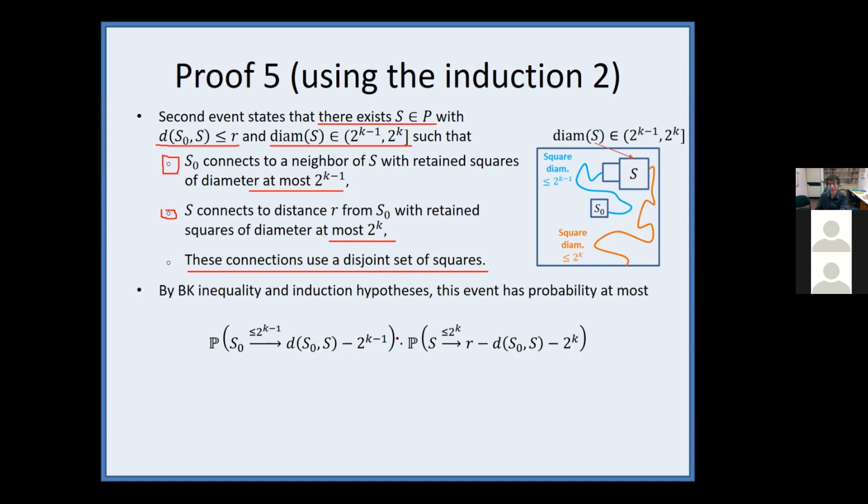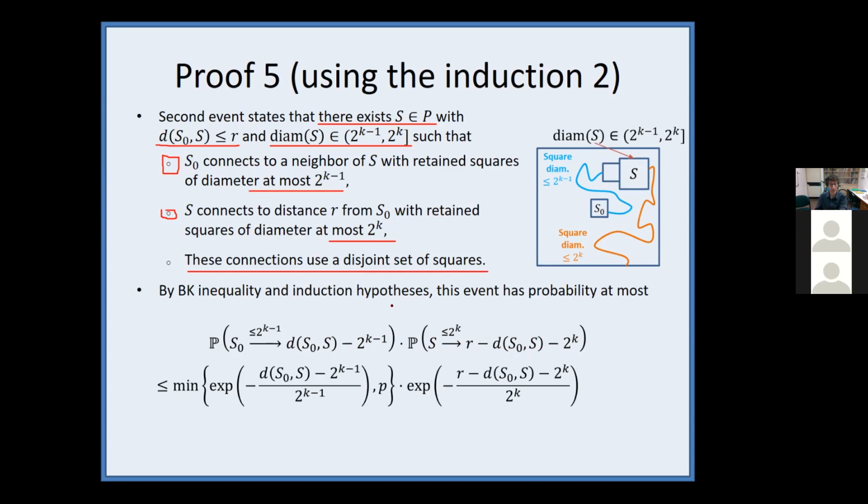And these two events are what I know how to bound using the induction hypothesis. So I use the induction hypothesis. What does it give me? For the first event, to go to this distance, using diameter at most that, I get e to the minus this distance, divided by 2 to the k minus 1, the maximal diameter.